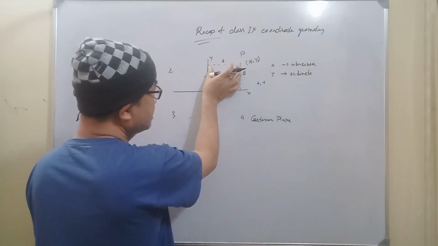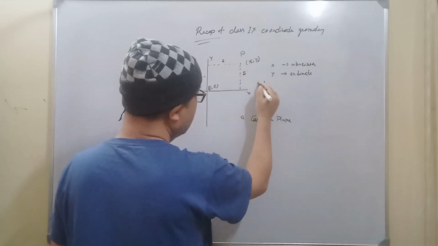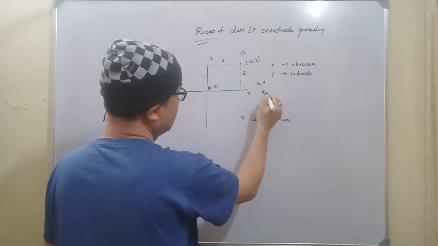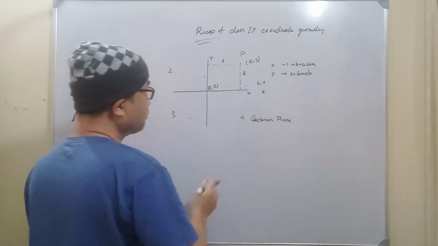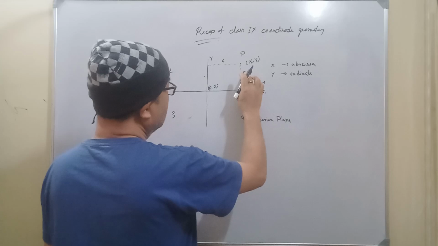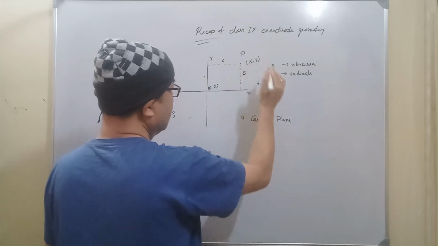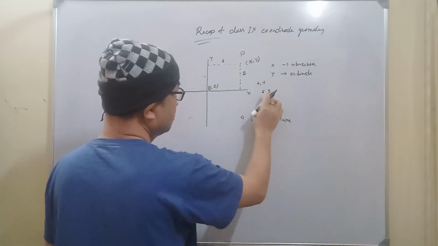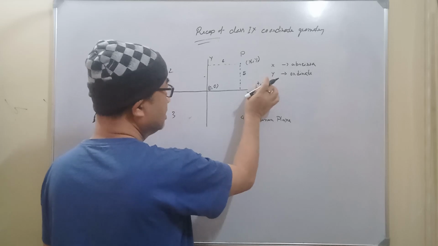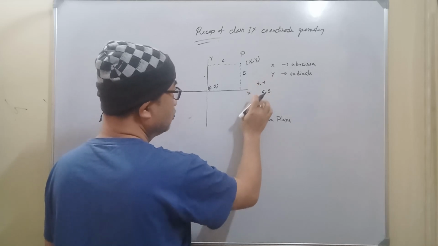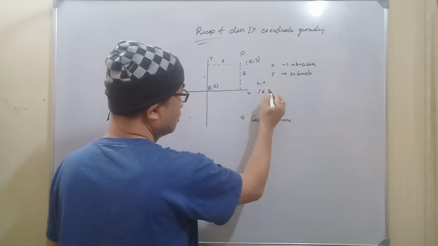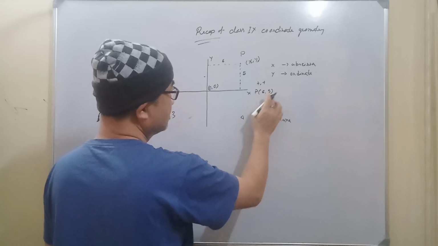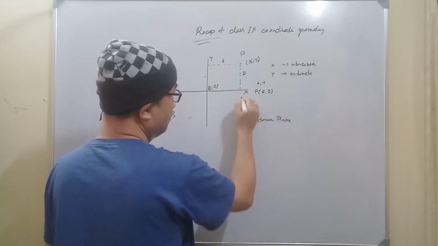Perpendicular distance from y-axis 6, so it will be plus 6, because on the first quadrant both the coordinates are positive, and value of y is 5, y coordinate is plus 5, because as I said on the first quadrant both the values are positive, so the coordinates are 6 and 5. Point P will have coordinates 6 and 5.